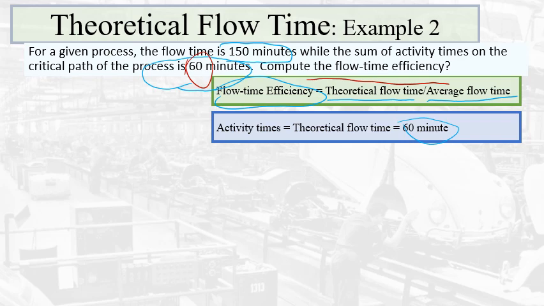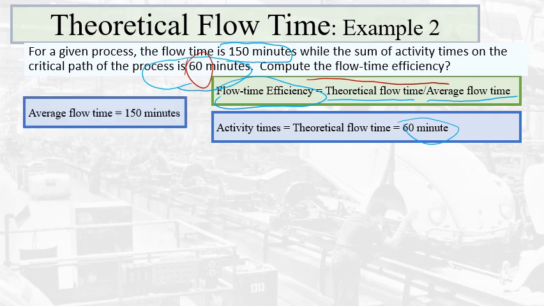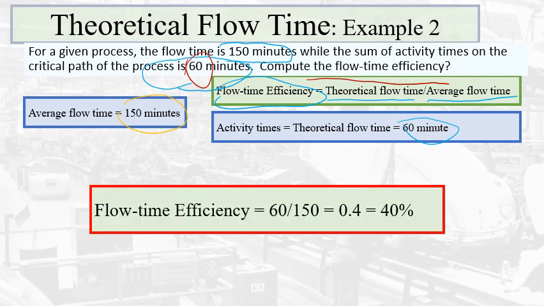So it's 60 minutes, while the average flow time, which includes waiting, is the longest, 150. So right away, we identified all the ingredients we need for the equation. We go 60 over 150, and it's going to give us 0.4. So the efficiency of the process is 40%.